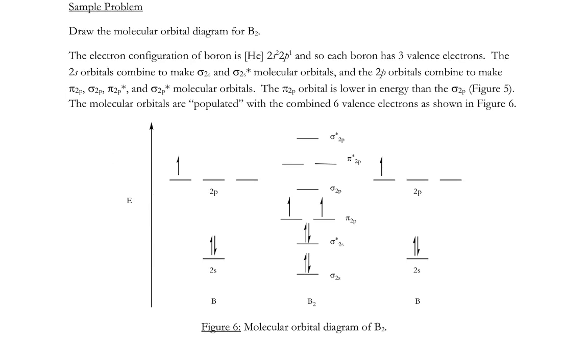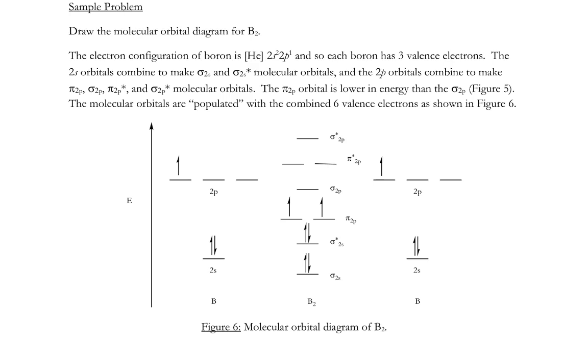So we see the atomic orbitals of each boron atom on the left and right sides. Each boron has 3 valence electrons, so those are shown. Then those atomic orbitals interact to give us the molecular orbitals that are shown in the middle of our diagram. So we have the MO energy level diagram, sigma 2s, then sigma 2s star, then pi 2p, then sigma 2p, then pi 2p star, then sigma 2p star, going up in energy that way.